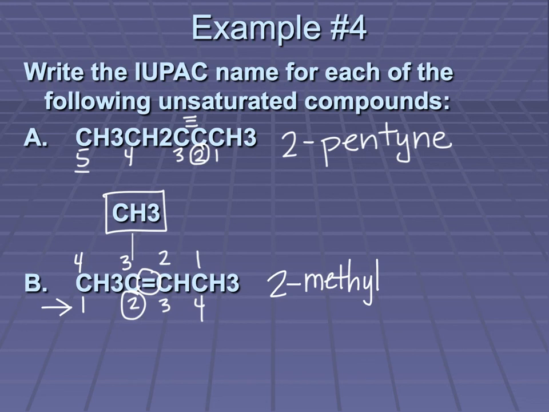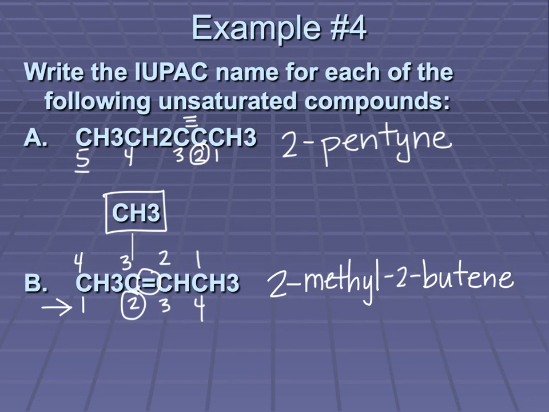So then we put a 2 like that. And then we have to name the chain, and the chain contains 4 carbons. So what is the prefix for 4? But-. And then it has a double bond, so the ending for a double bond is -ene. So this ends up being 2-methyl-2-butene.